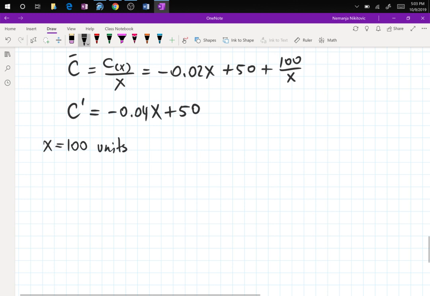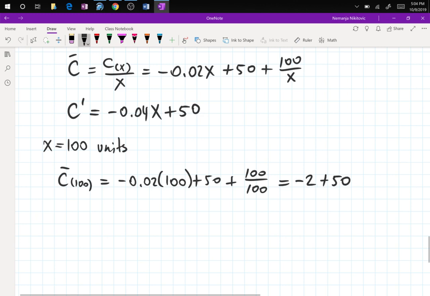So I'm going to calculate the average cost per unit produced, and that is going to be negative 0.02 times 100 plus 50 plus 100 divided by 100. So you plug in 100 into the average formula, and you get negative 2 plus 50 plus 1, which gives you, put a dollar sign there because it's money, $49 per unit.